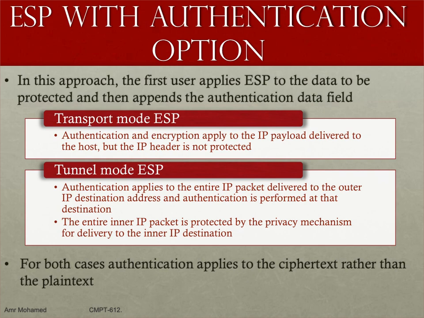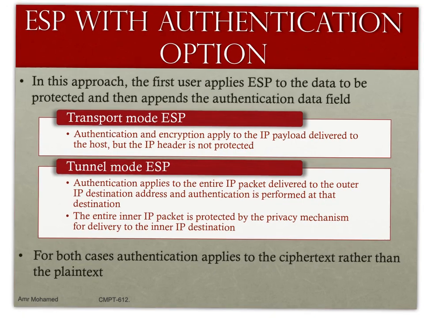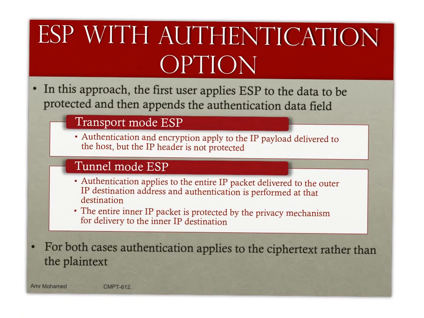So this is for IPsec version 2. For ESP with authentication in this approach, the first user applies ESP to the data to be protected and then appends the authentication data field. So ESP is used for both encryption and authentication, but ESP itself can come as transport mode or tunnel mode.